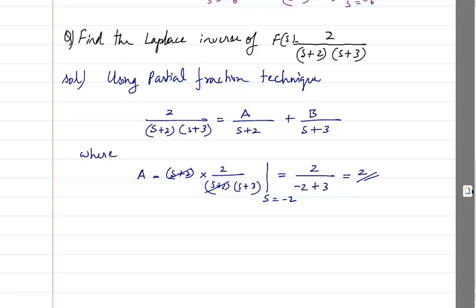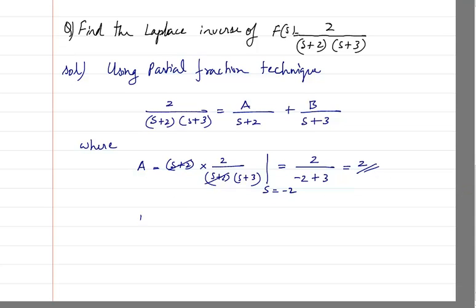Now if you want to find out B, you multiply s plus 3, which is the denominator of B, with the function 2 divided by s plus 2 into s plus 3.